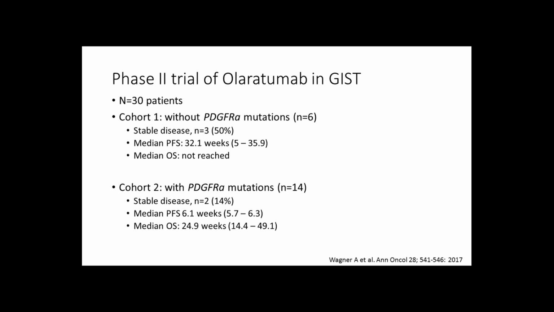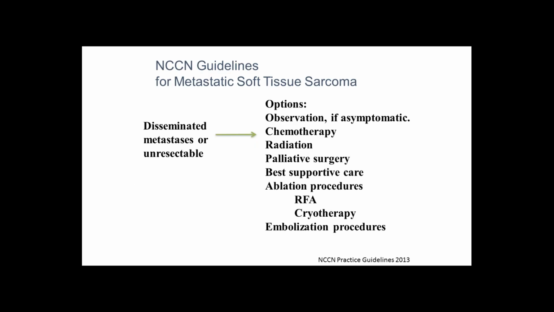And there were 6 patients recruited, and 3 of these patients had stable disease on serial imaging, and the median progression-free survival, the time from starting the drug to the cancer progressing, was 32 weeks. And in those with PDGFR alpha mutations, 14 were recruited, 2 had stable disease, or 14%, and the median PFS was 6.1 weeks.